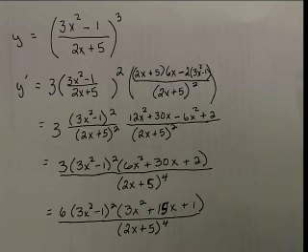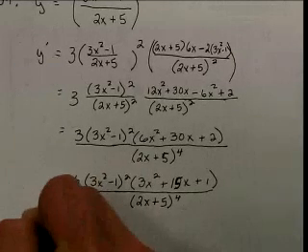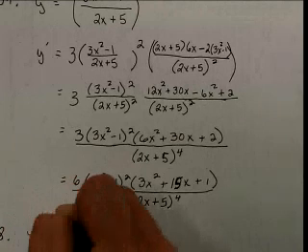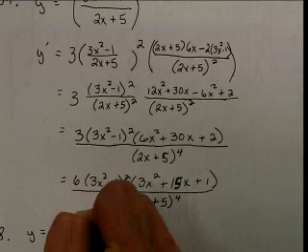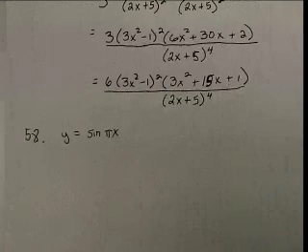Last one was 34. 58. Skip to 58. That looks easy compared to everything else we've done. It is easy.